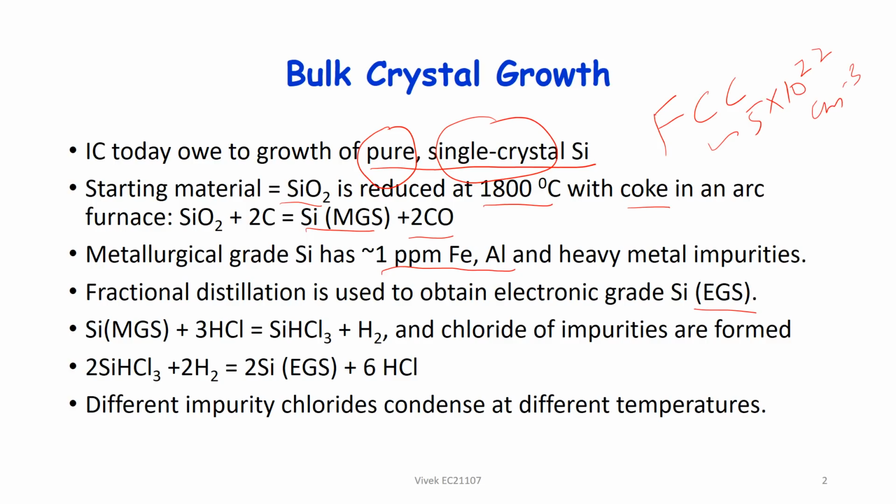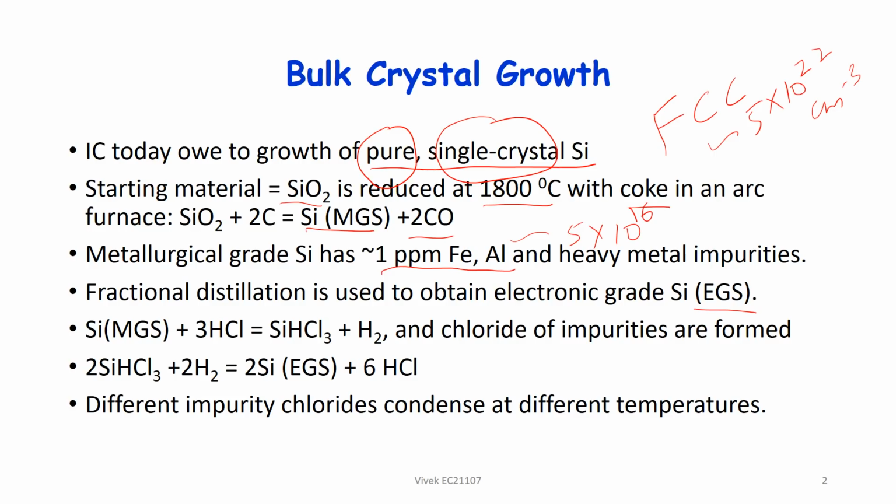So if you have 1 ppm of impurity, that is 1 part per million, the impurity concentration is around 5 x 10^(22-6), so that becomes 10^16, right? These are impurities of iron, heavy metal impurities. They are found in metallurgical grade silicon.